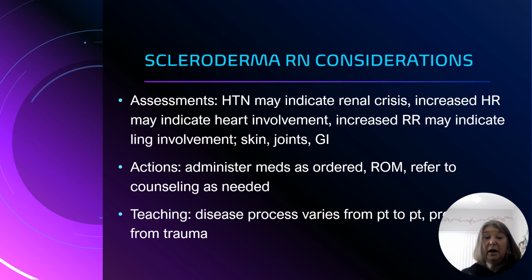Teaching, we're going to talk about disease process. It is a weirdo, complicated disease, and it varies from one patient to another. So you can't even offer them an expected progression, because it just depends on the patient, and that in itself is hard to deal with because there's really no definitive answer.